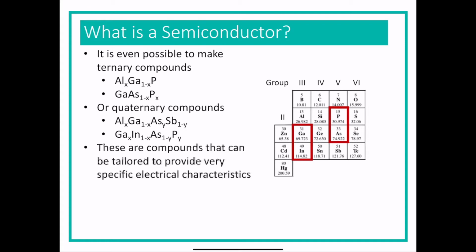So the proportion of different elemental devices that go into making the material is proportioned in order to do something very specific. And this is one of the many, many reasons why semiconductors are so different from other types of devices. Because a conductor is a conductor, and it conducts. If you have an insulator, it insulates. A semiconductor can be made to do many, many things and have many different characteristics.